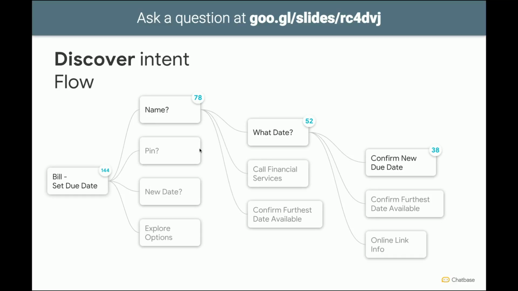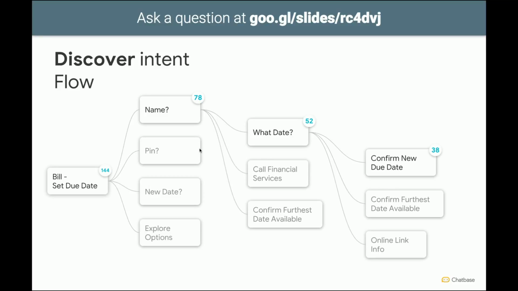And compared to the normal experience of building virtual agents, where you're starting with a blank canvas and just trying to build based on what you can think of, here you're starting from the actual conversations and then trimming parts of the conversation that maybe don't make sense for your virtual agent, or maybe are not common enough to build into your virtual agent.